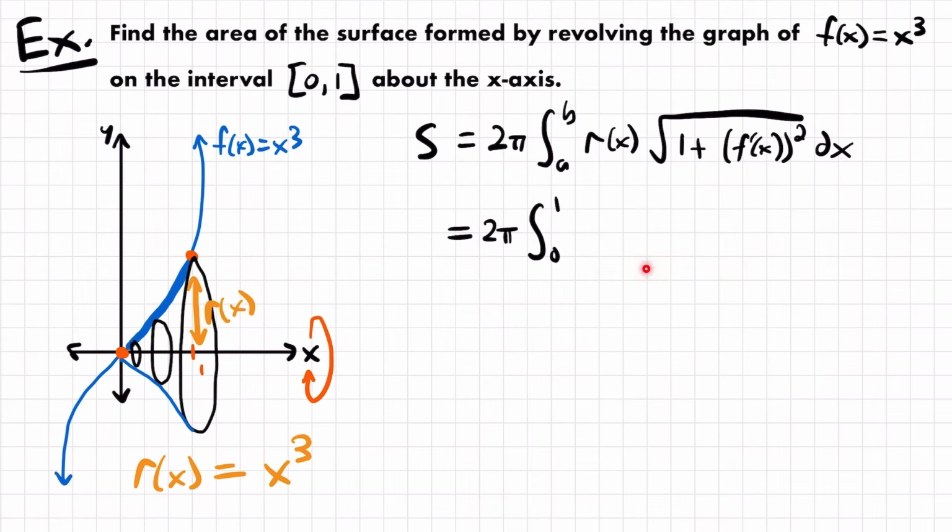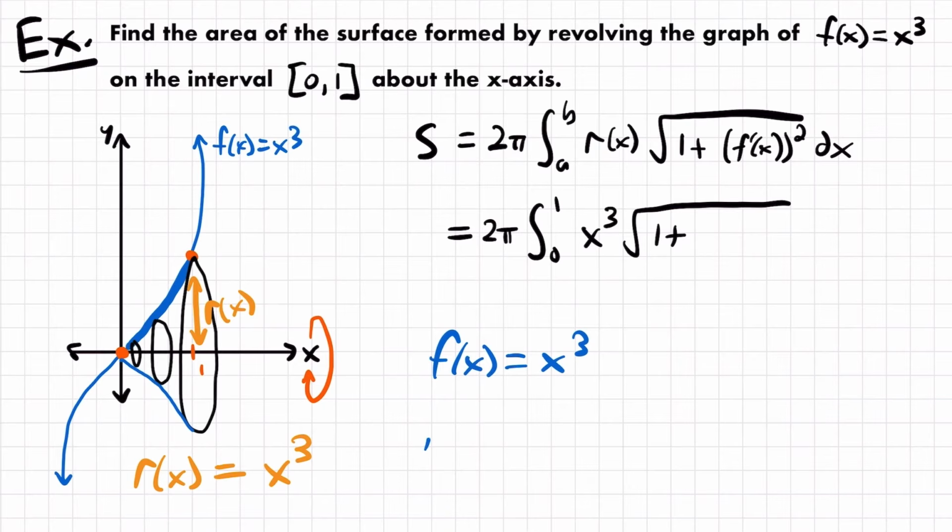All right, so then back to our definite integral, we'll have x cubed times the square root of 1 plus the derivative of f of x squared. And f of x, of course, is the function where our curve is taken from. So we have f of x equals x cubed. And so if we take the derivative of x cubed, f prime of x will be equal to 3x squared, right?